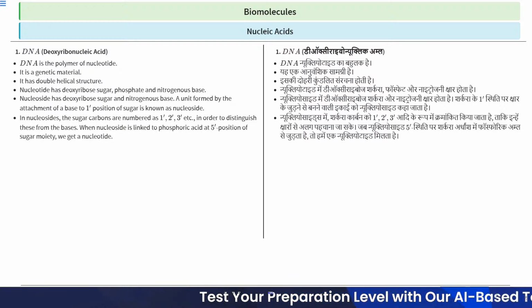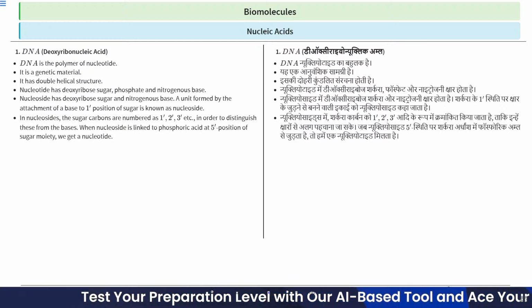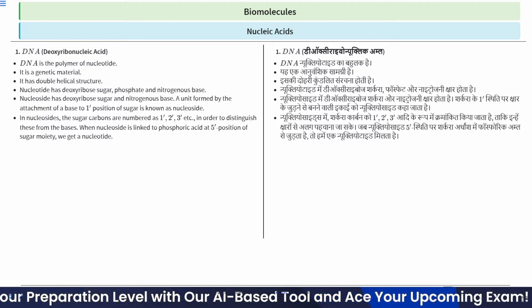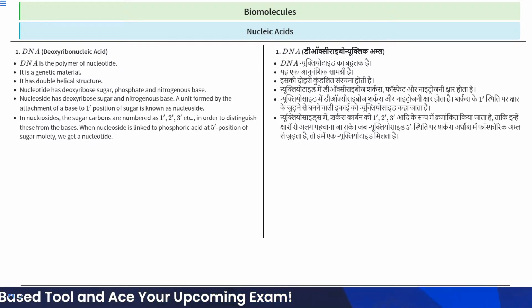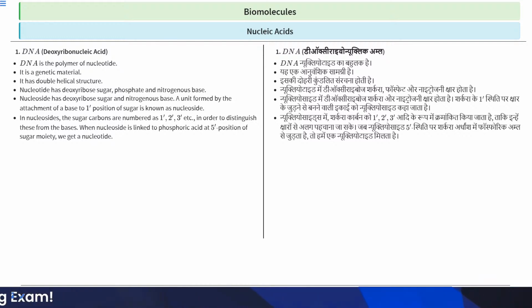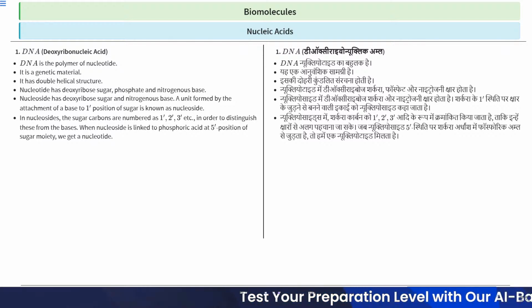In nucleosides, the sugar carbons are numbered as 1 prime, 2 prime, 3 prime, etc., in order to distinguish these from the base carbons. When a nucleoside is linked to phosphoric acid at the 5 prime position of the sugar moiety, we get a nucleotide.